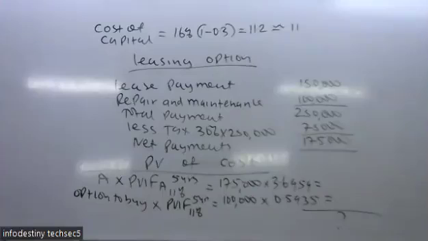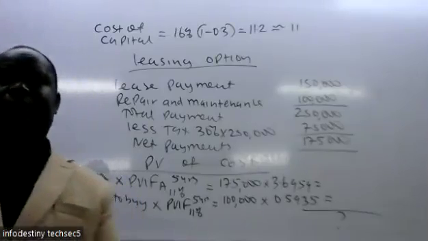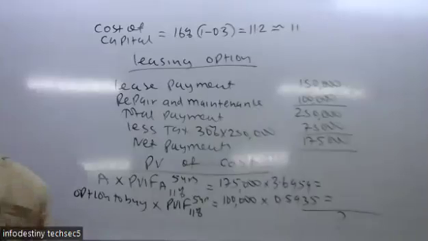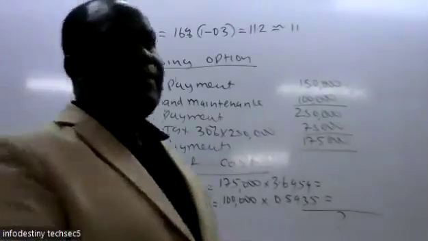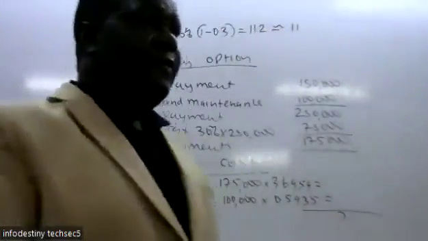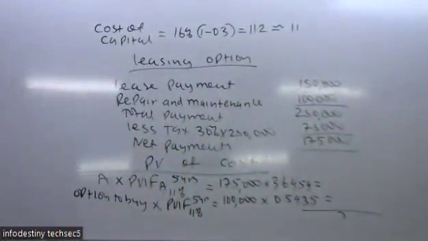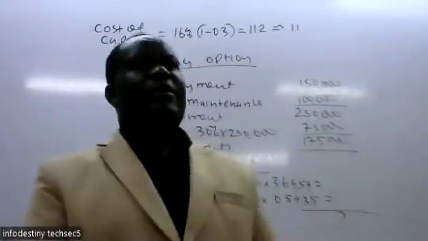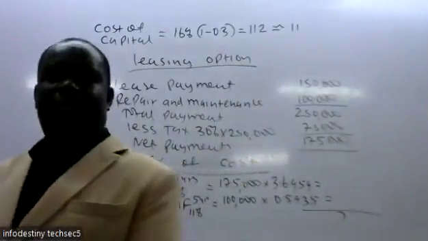It will now give us the present value of the costs for leasing the machine. $706,132.5.